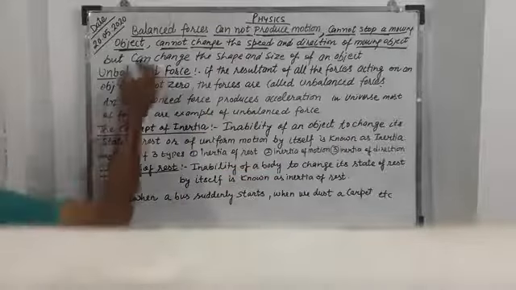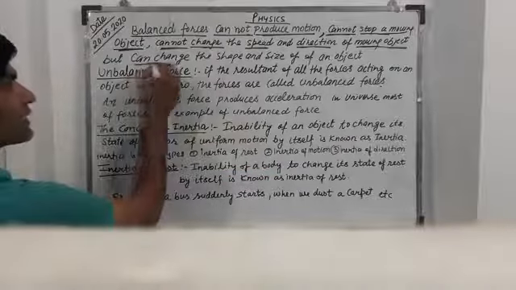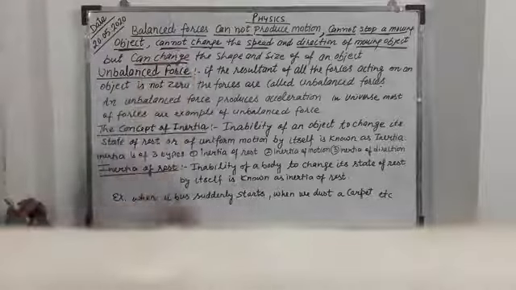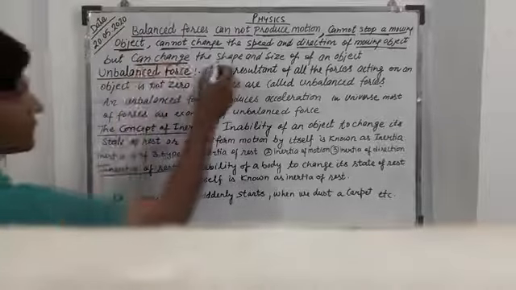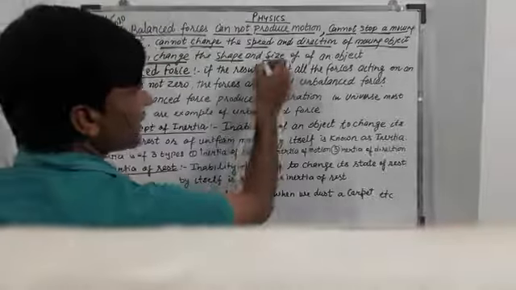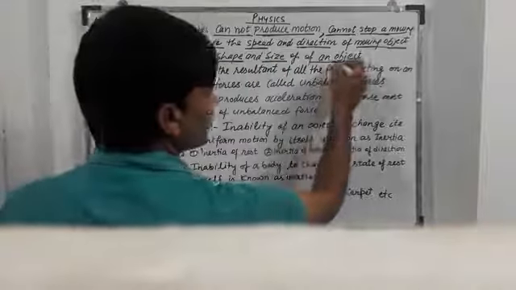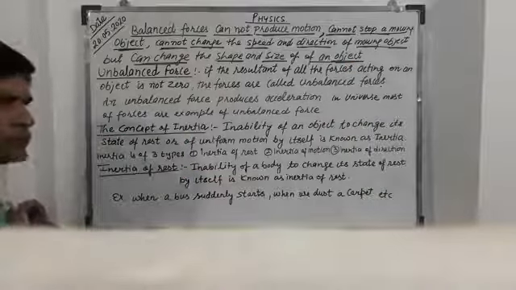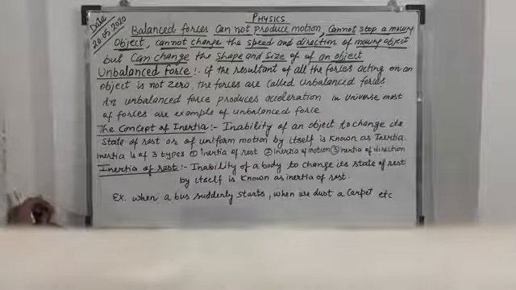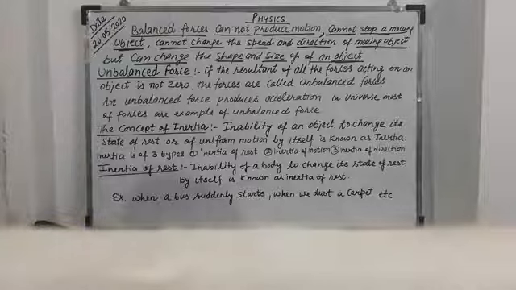But remember this: balanced forces can change the shape and size of an object. For example, when a balloon is pressed from both sides, its size changes.